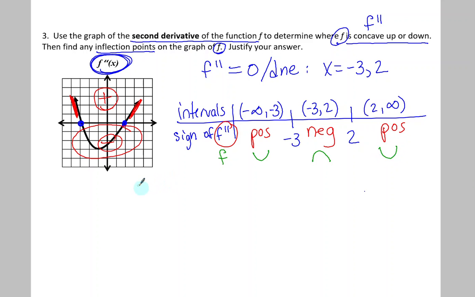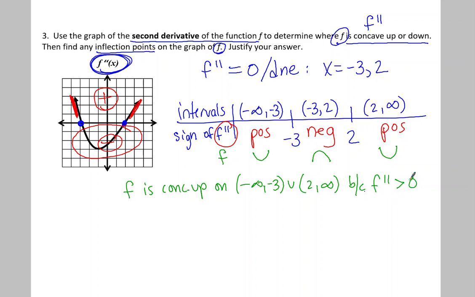So let's list our conclusions. f is concave up on the interval -∞ to -3, and again from 2 to infinity, because the second derivative, f double prime, is greater than 0. Then f is concave down on the interval -3 to 2, because f double prime is negative, less than 0.